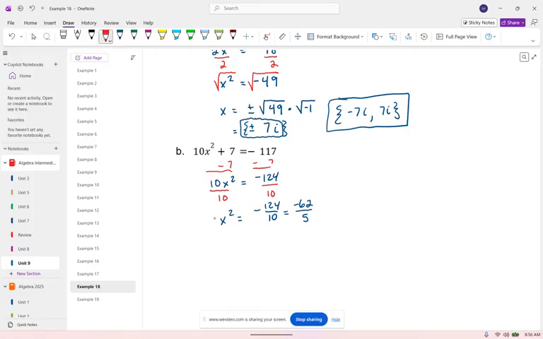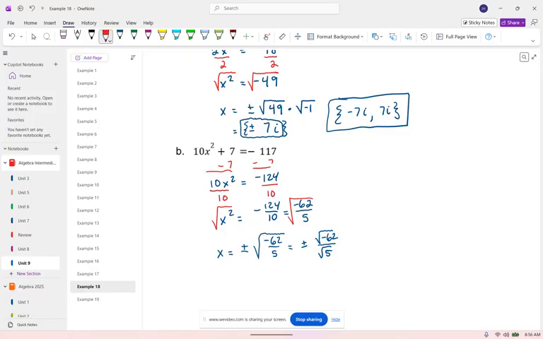We'll take the square root of both sides now. Square root of both sides. We'll end up with x equals positive or negative the square root of negative 62 over 5. I can rewrite this as positive or negative square root of negative 62 over square root of 5.